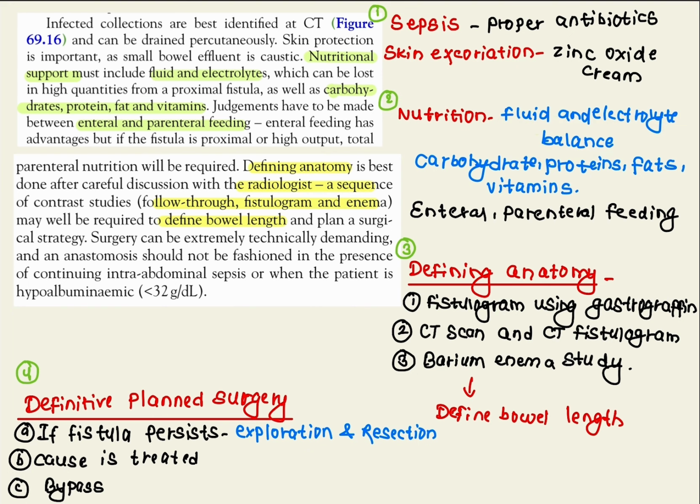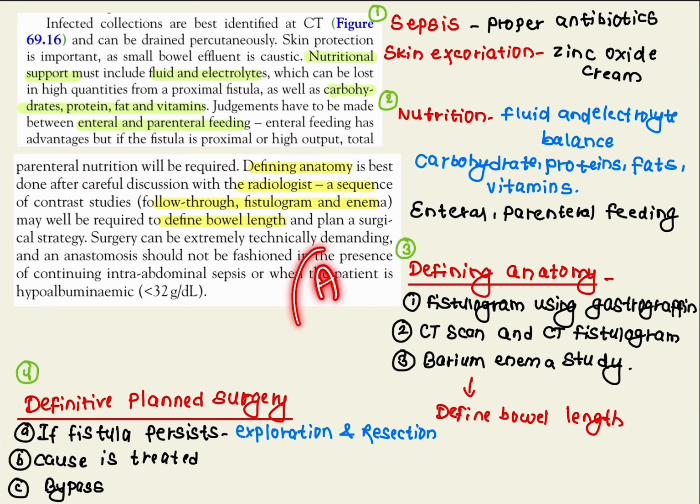Other than fluid and electrolytes, other nutritional requirements like carbohydrates, proteins, fats, and vitamins also need to be provided. Whether to provide enteral or parenteral feeding needs to be judged. Enteral feeding has advantages, but if the fistula is proximal or high output, total parenteral nutrition will be required.